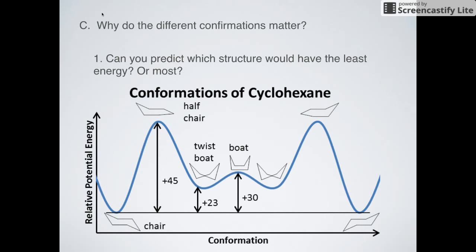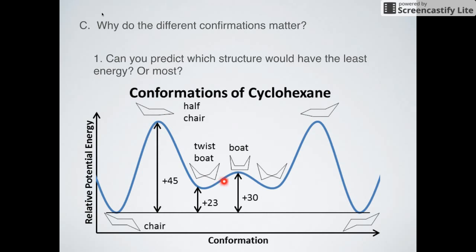Okay, the one that has the most strain, you might think it would be the twisted boat, but actually it's not. The most strained one is actually the half chair structure. And the reason why is because now you're putting things so close to each other and those hydrogens are really going to interact and things are really strained, okay?